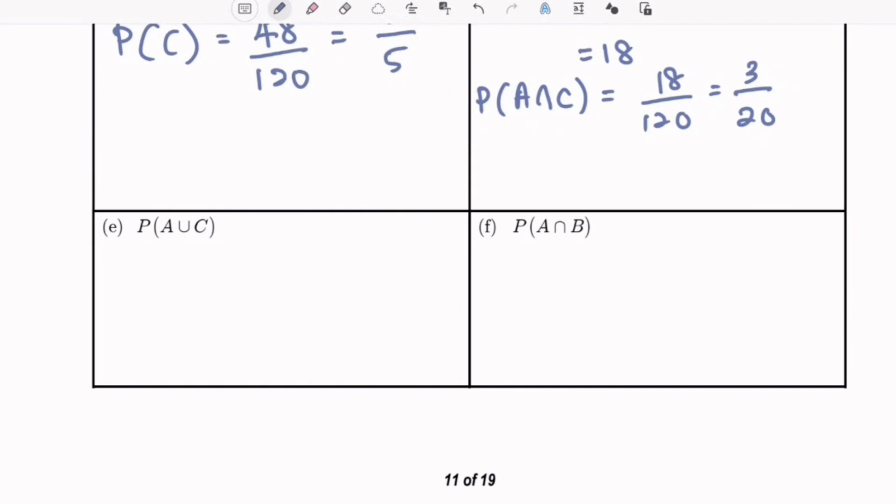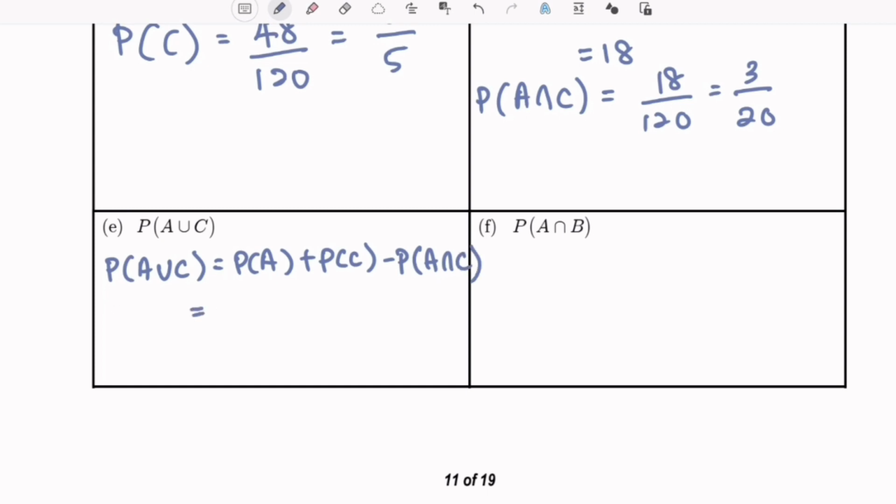Next question. P(A union C). Okay, you can just use the formula. So P(A) plus P(C) minus P(A intersect C).